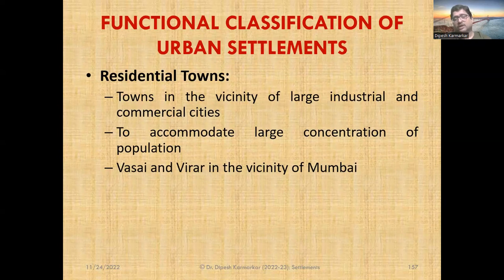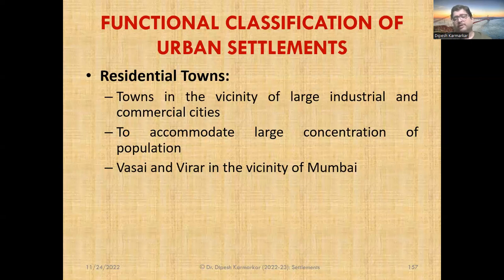Such towns do not have any significant urban function as such, but they offer residential services in the vicinity of the big towns, so that people can stay at a relatively cheaper rate compared to the main city, but at the same time be a bit closer to the city, better accessible with transport, for everyday commute. Such towns are important because they keep the main city a bit free of congestion or concentration.